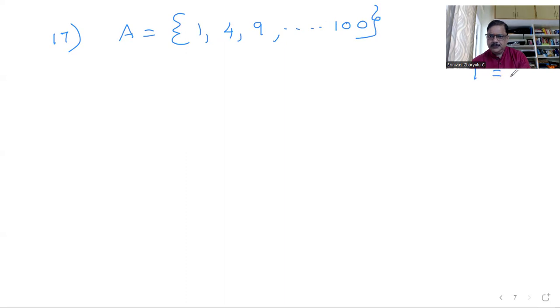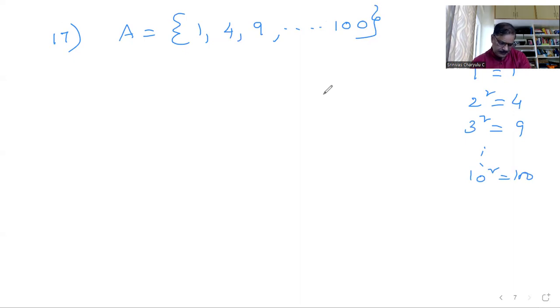Next, A is equal to 1, 4, 9 up to 100. You observe here, first number 1 square is equal to 1, 2 square is equal to 4, 3 square is equal to 9. So the last number is 10 square, which is equal to 100.